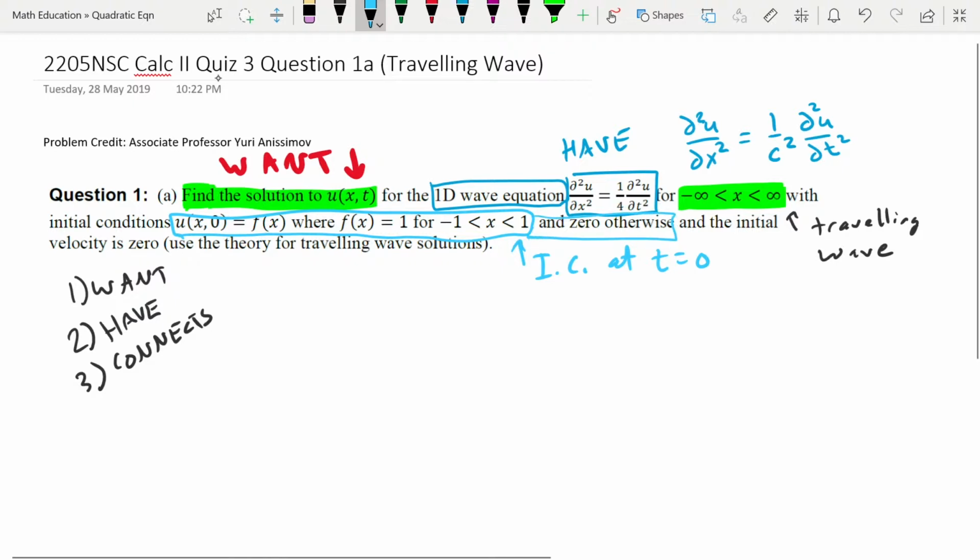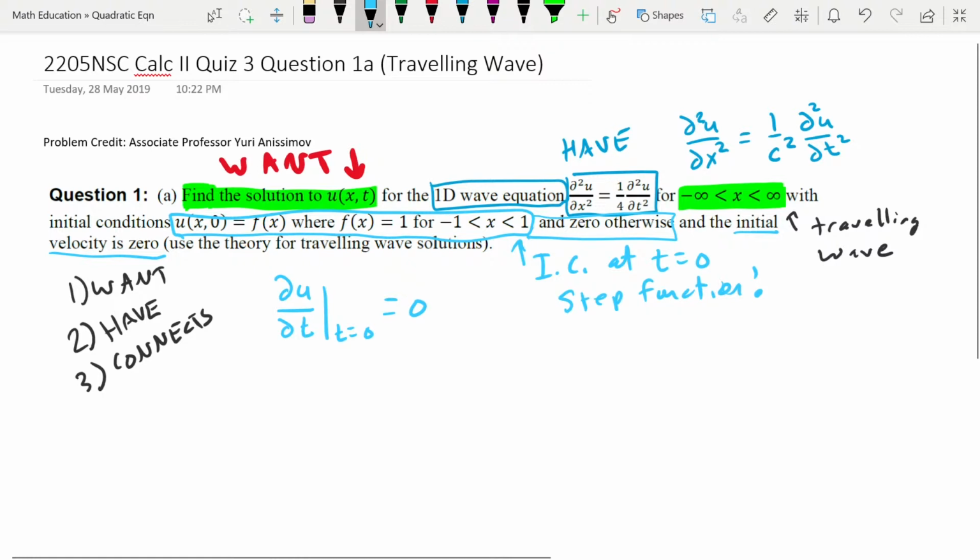So this is a step function. And we also know that the initial velocity is 0. So every problem that we've done with traveling waves has had this condition of partial of u with respect to t, evaluated at t is equal to 0, is equal to 0.